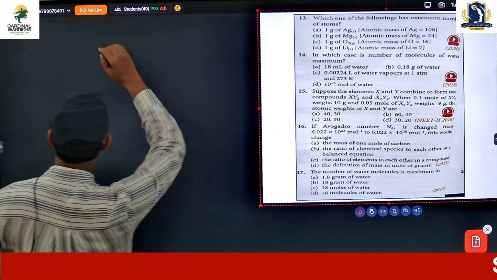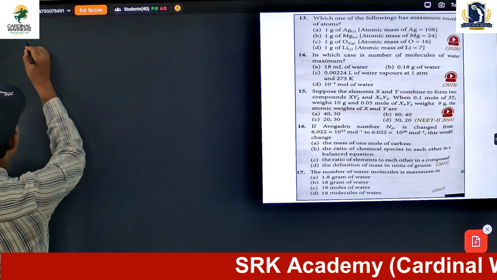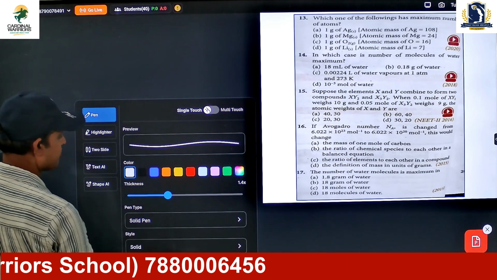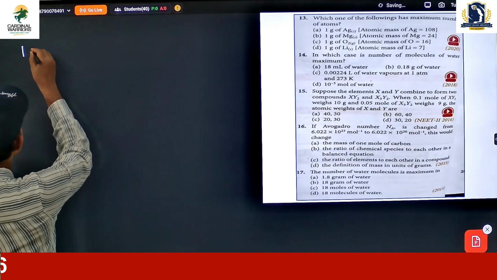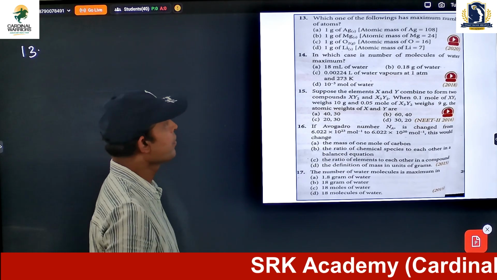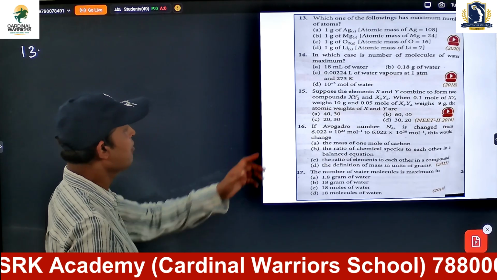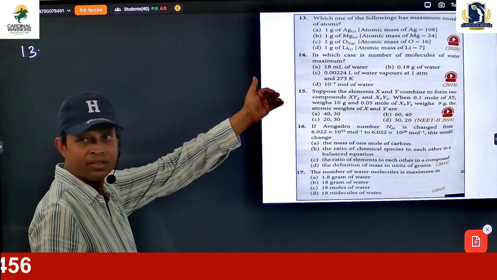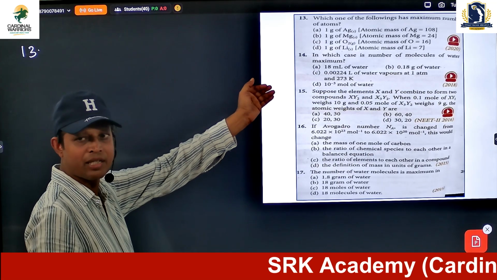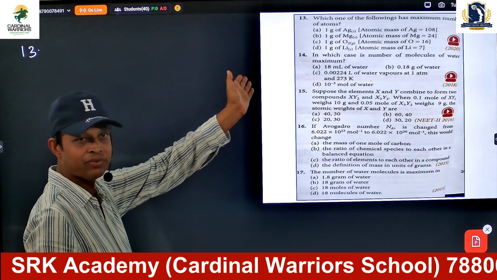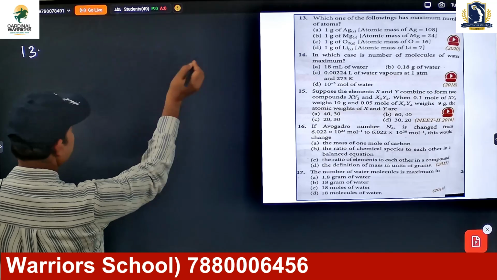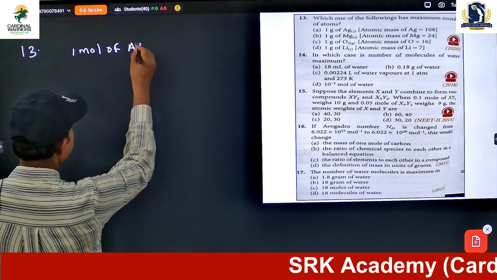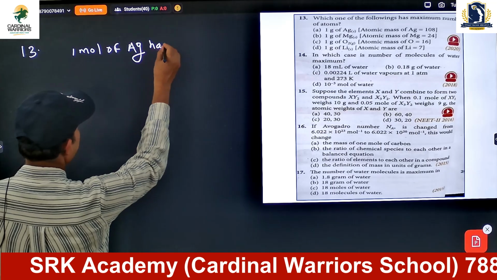See, the atomic mass of silver is 108. So 1 mole of silver has how many number of atoms? 6.022 into 10 to the 23, that is Na number of atoms.